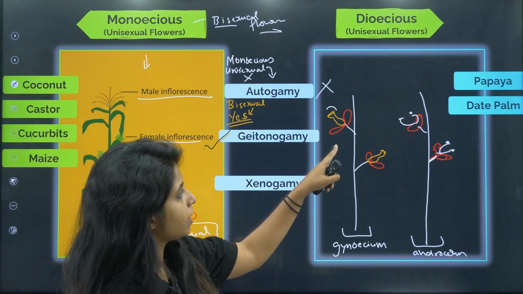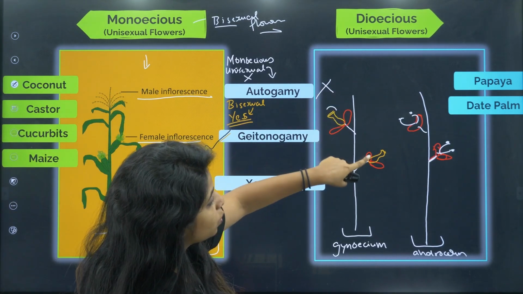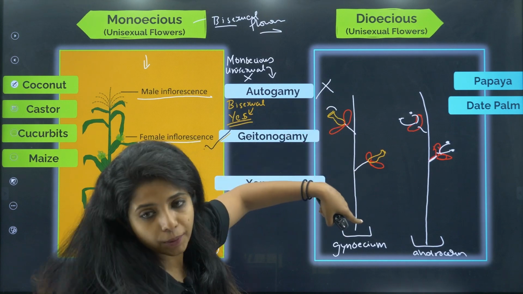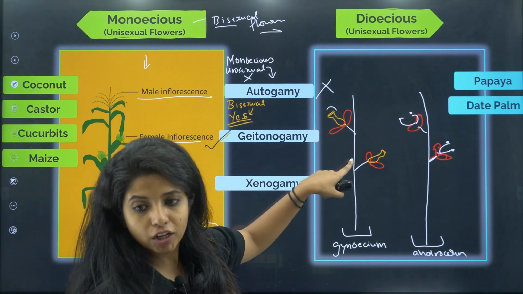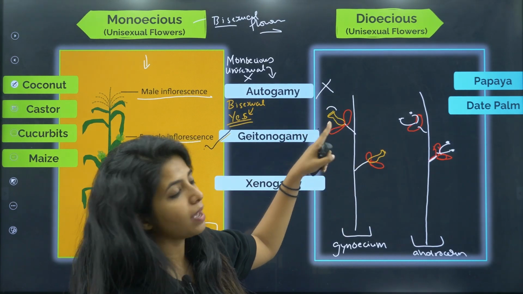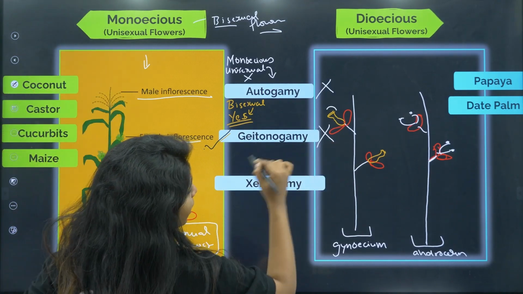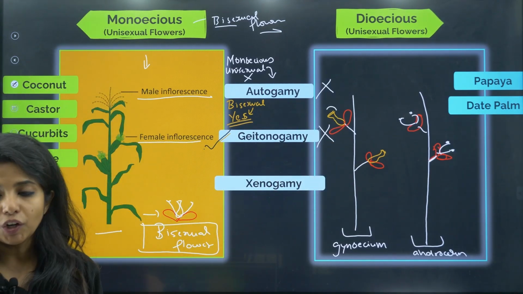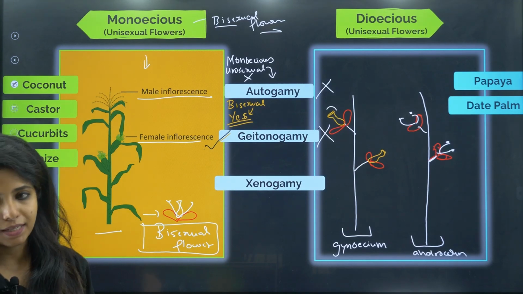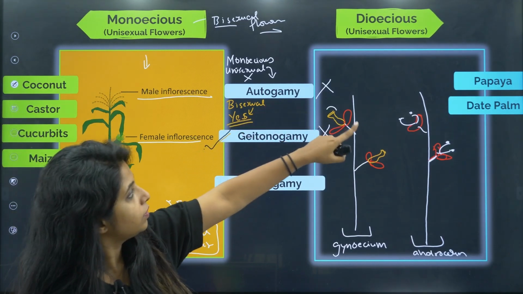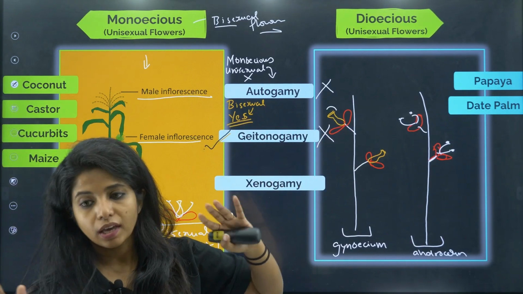Now, talking about dioecious plants, from one flower to another flower in the same plant, can pollination happen? No, because both of them have the same sex. So, in dioecious plants, geitonogamy cannot take place. So both of them do not have autogamy and also do not have geitonogamy.